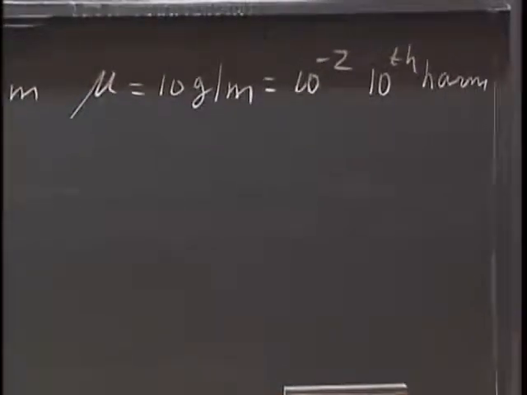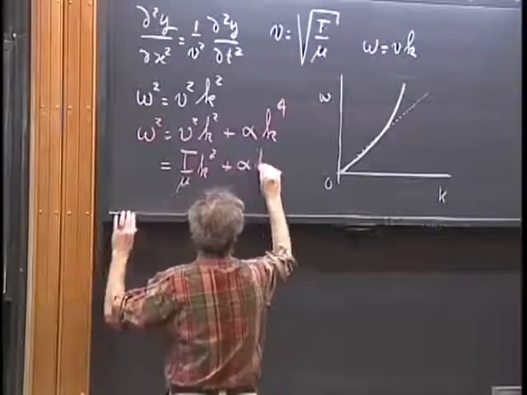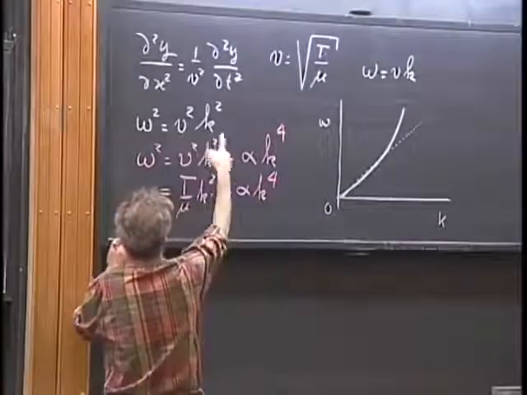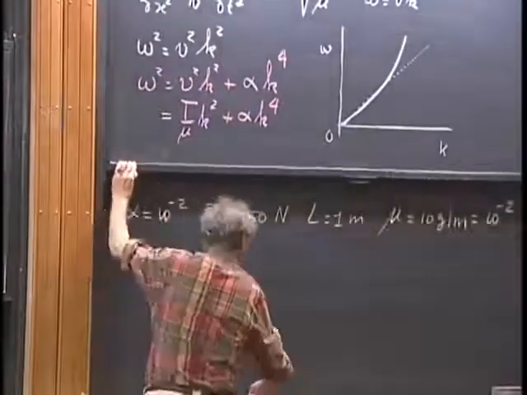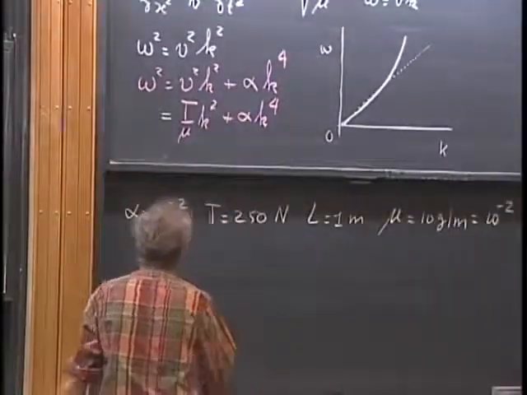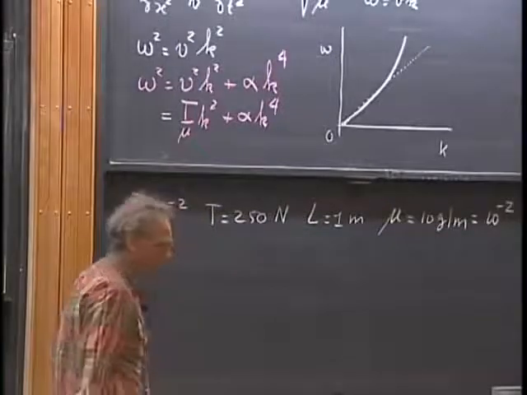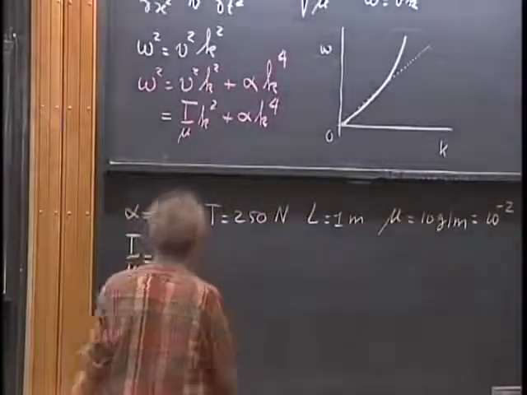Well, omega squared can be written, I will write it down again, as T divided by mu times k squared plus alpha k to the 4th. This V, remember, was T divided by mu. So T divided by mu, that's easy enough. That is 2.5 times 10 to the 4th.